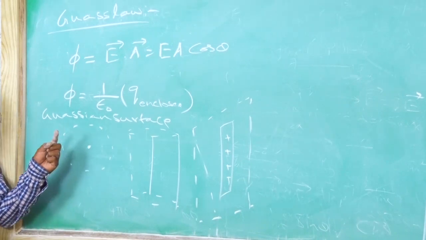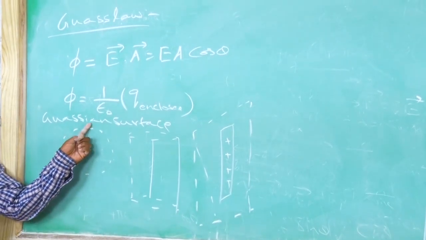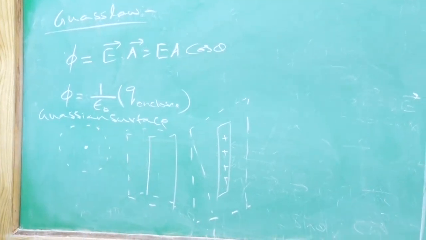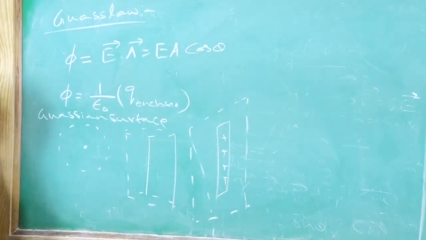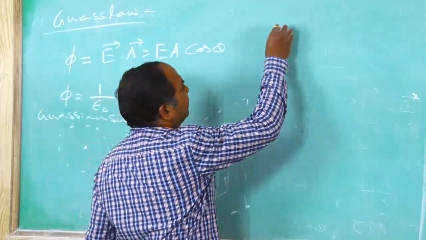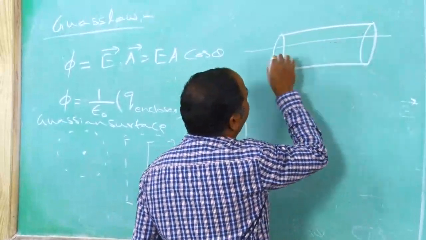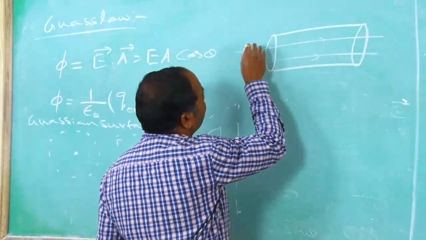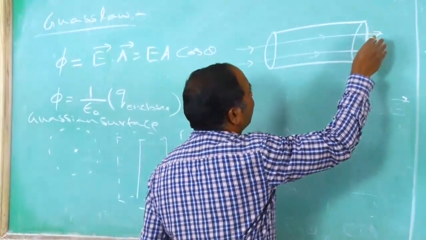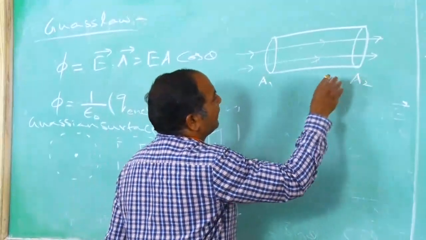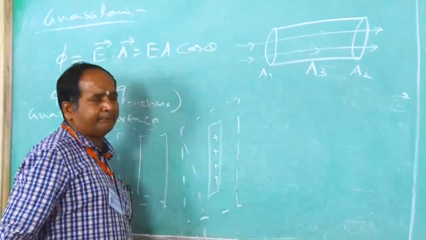Here, by considering the number of charges within the Gaussian surface, we are able to apply the Gauss law. Suppose if you consider this is one cylinder, if the lines of forces are propagating like this. Suppose this is the A1, this is the A2 and this is the A3 area.